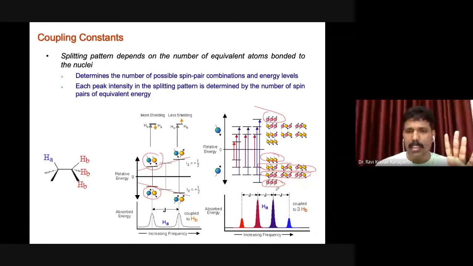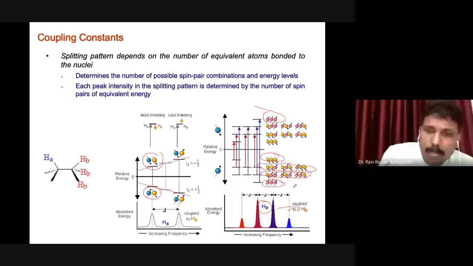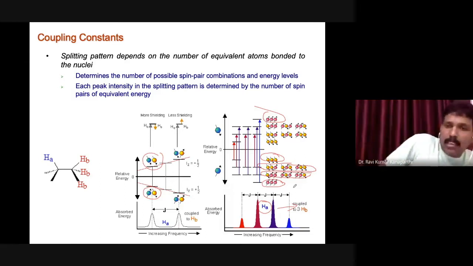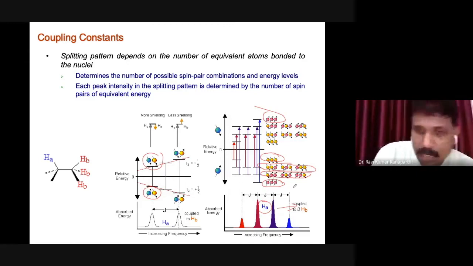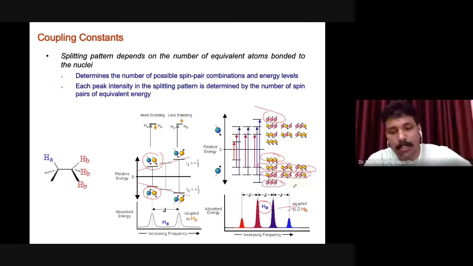So this is a simple explanation: if a nucleus sees three different nuclei, and these are different configurations by which we can arrange the nuclei, then the spin states will split, the energy levels will split, additional transitions are possible, and as expected, we get the spin fine structure.